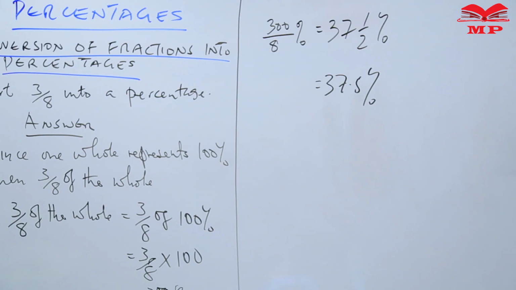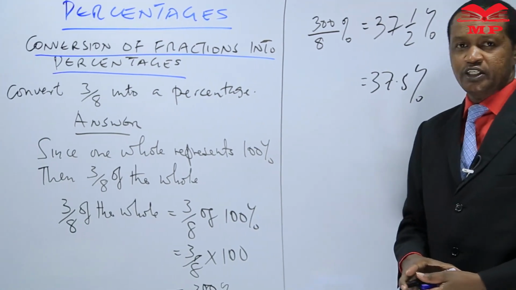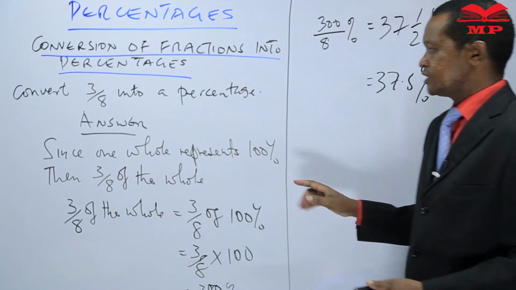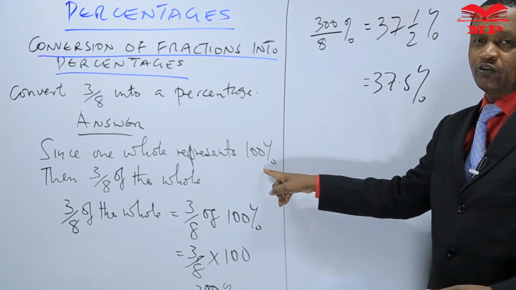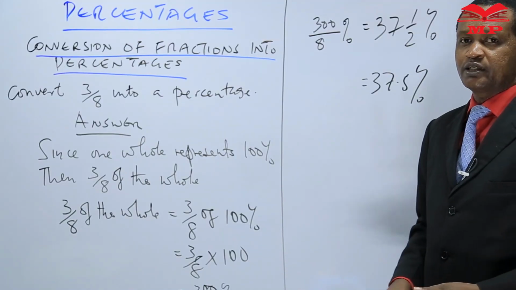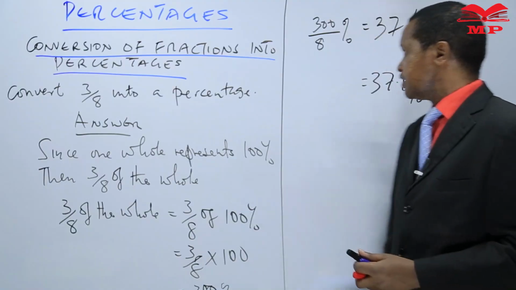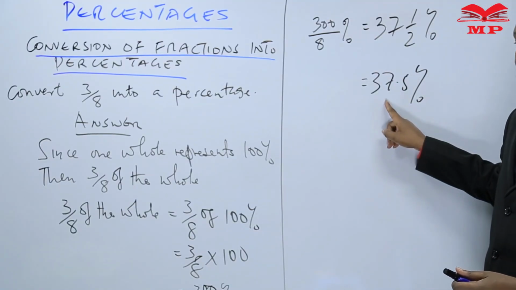So that is how to convert a fraction into a percentage. Since 1 whole represents 100, if you want to convert 3/8 into a percentage, you multiply 3/8 times the whole. That's what we have done here, and the answer is 37.5%.